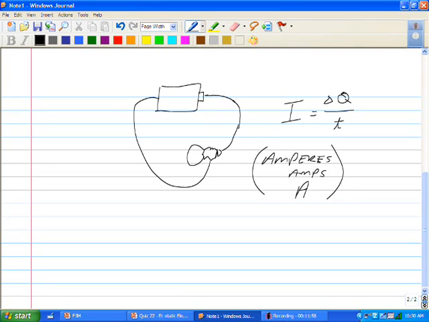Now, is an amp, an ampere, a base unit or a derived unit? Is it fundamental or is it derived from other units? Derived. So what is an amp? It is equal to Coulomb per second. So an amp is a Coulomb per second. It's the measure of how fast the charges are changing, or in this case, moving.